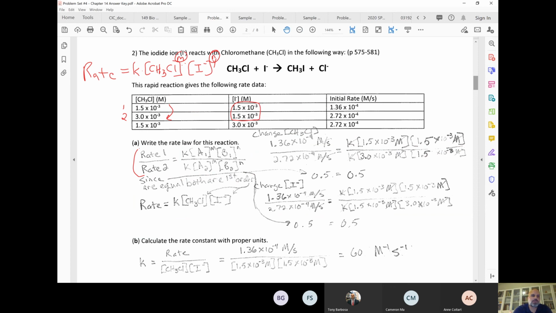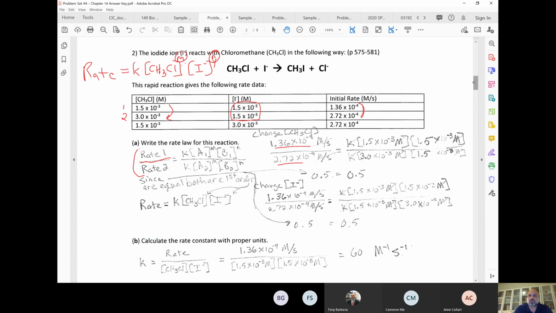What that allows us to do is, when we compare the rates, we have rate 1 divided by rate 2, and we plug in all the data. You can see the 1.36 and the 2.72 are just the rates from the rate table.